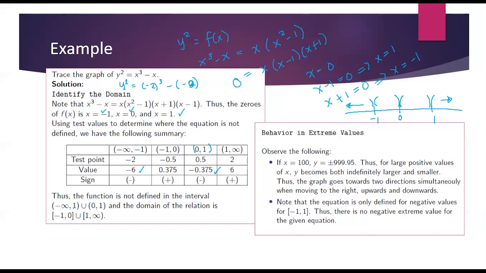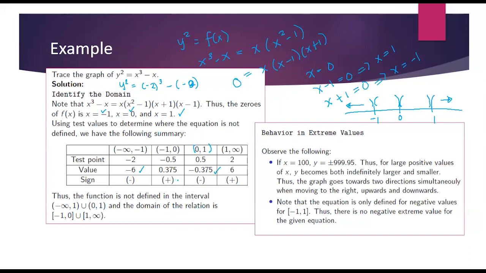We're going to eliminate this. Why? Because within this region, it will give you a negative value for your y here, which in turn will give you an imaginary number.